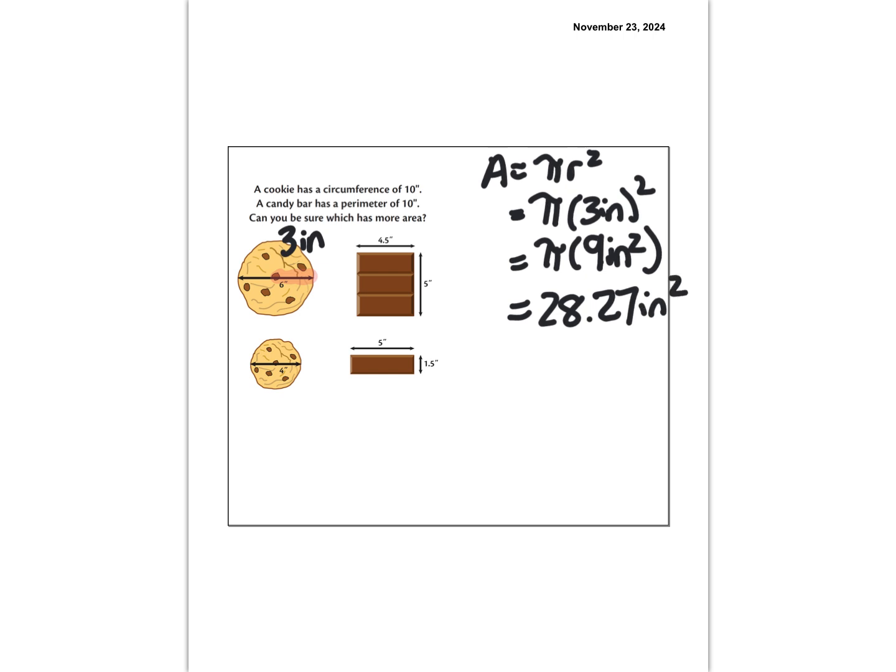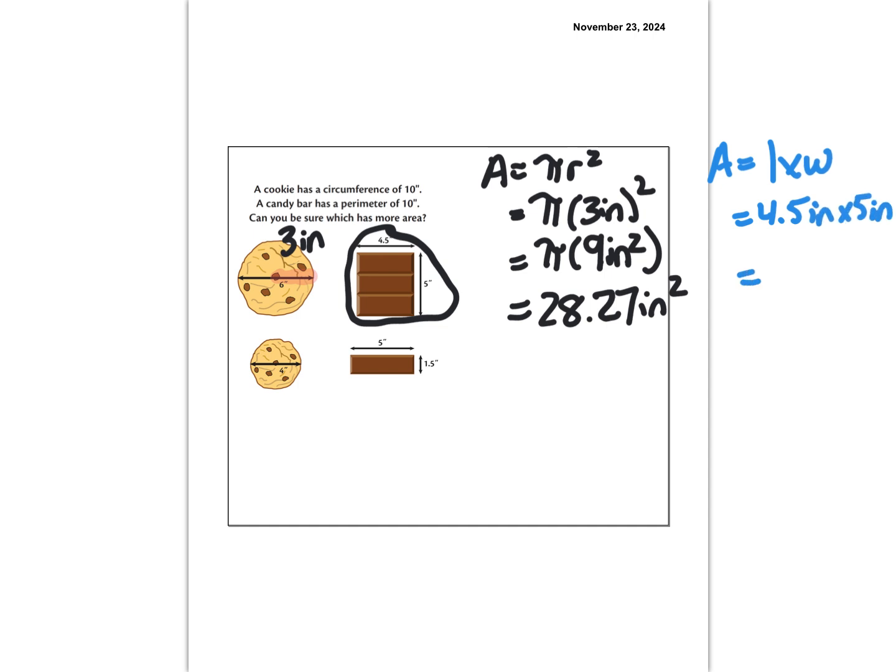Well, let's look at this one then. If we start working with this one now, and we break it down, what's bigger? And so we need to find the area of that. So we'll do that in blue so it stands out. It'll be A equals length times width, which gives us 4.5 inches times 5 inches.